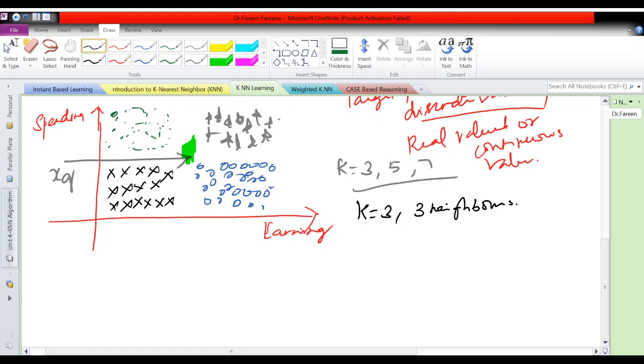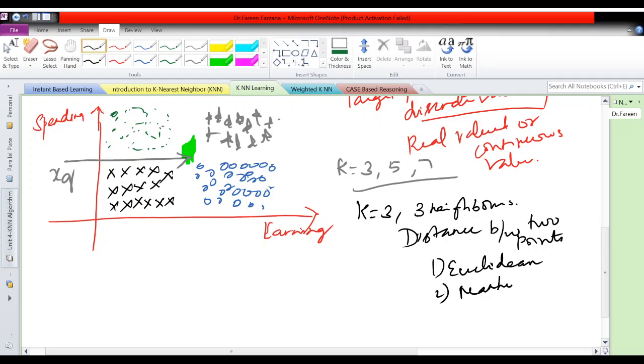I will find them by finding the distance between 2 data points. There are various ways of measuring distance: Euclidean distance, Manhattan, and Hamming.